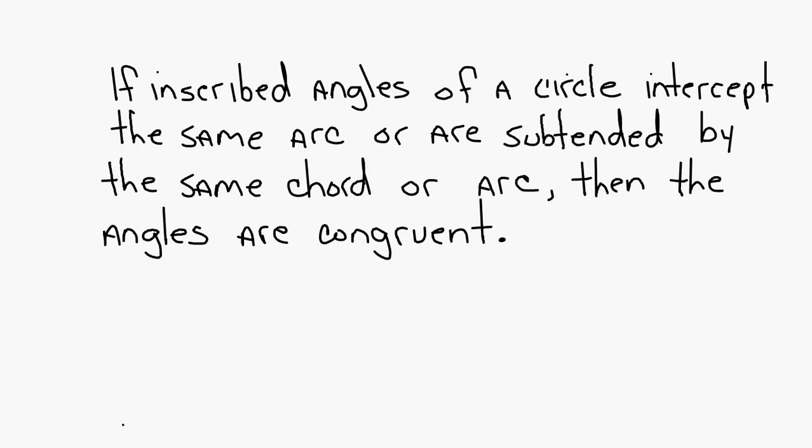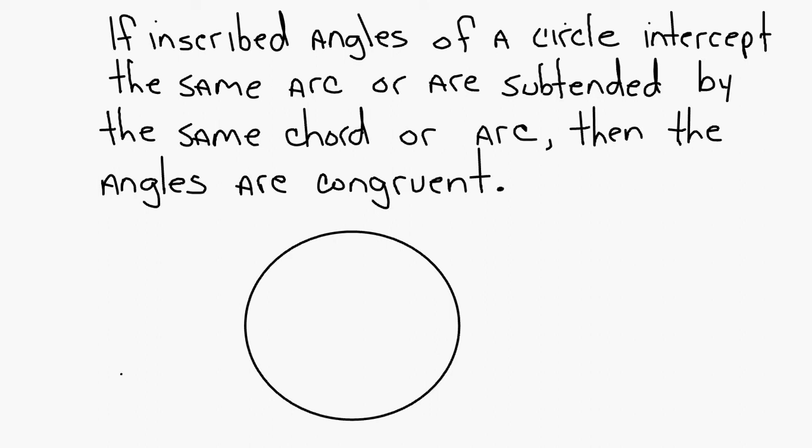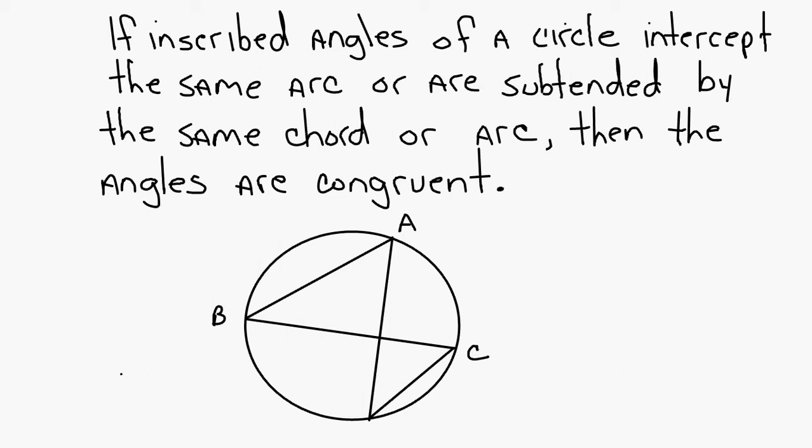So if you had a picture, if you've got an inscribed angle here, and it's ABC, and another inscribed angle here, ADC, those two angles would be congruent.